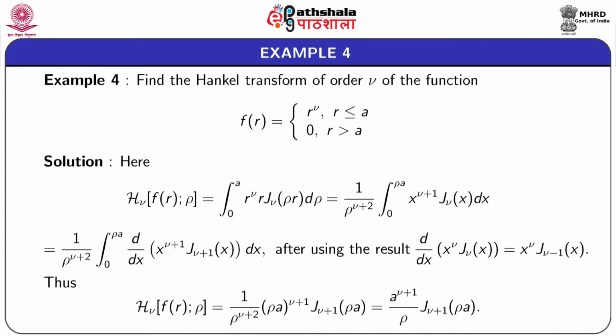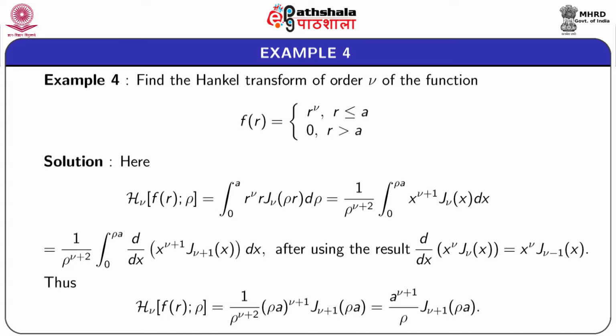We have used the result that x to the power nu plus 1 J nu x is equal to d by dx of x to the power nu plus 1 J nu plus 1 x. This is the result for Bessel function, that d by dx of x to the power nu J nu x is equal to x to the power nu J nu minus 1 x. We have used this result.